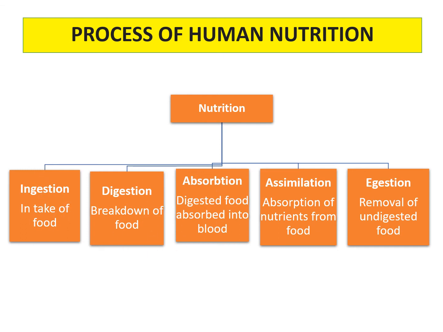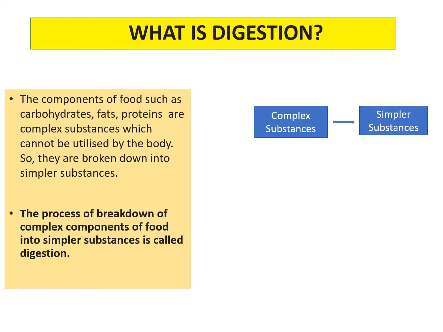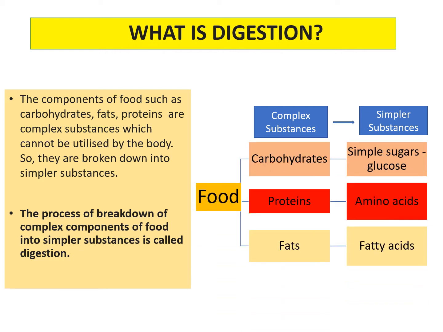Now what is digestion? Digestion means the components of food contain various complex substances which can't be utilized by the body as such. These components have to be broken down into simpler substances.